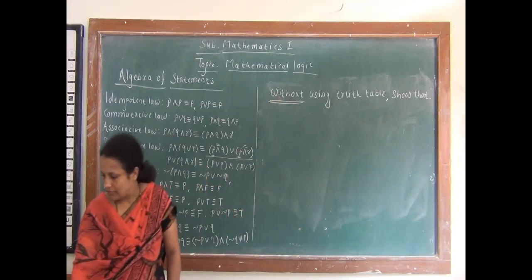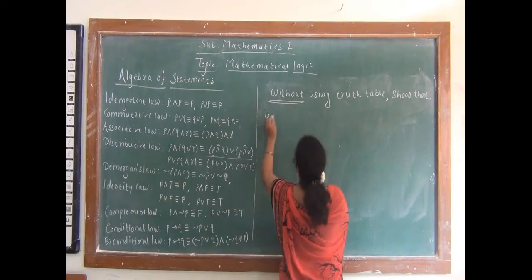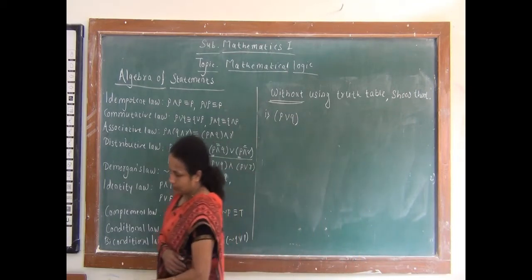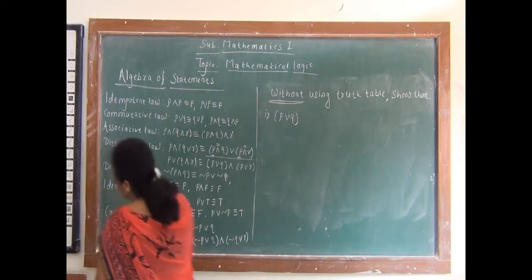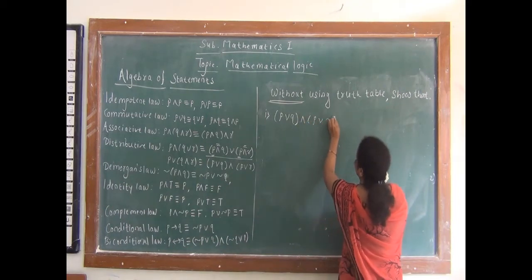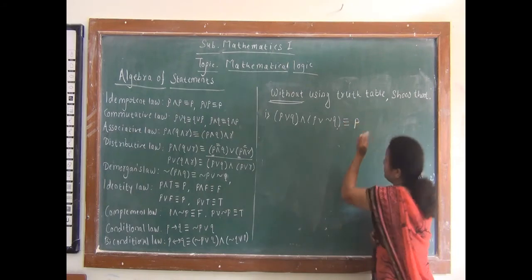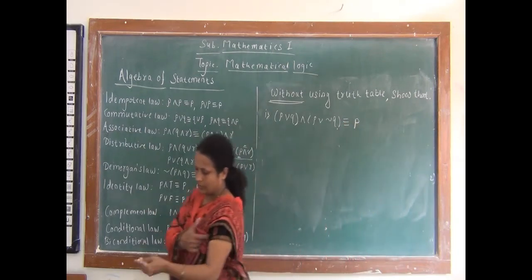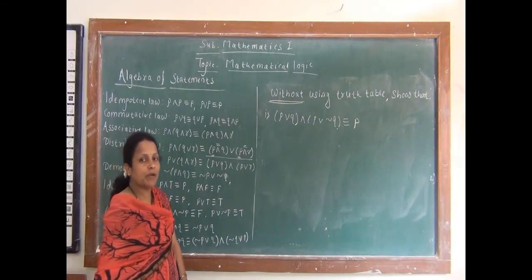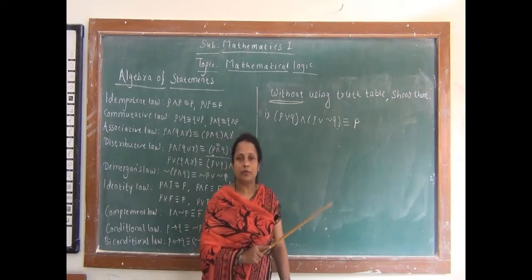So our first statement pattern is (P or Q) and (P or negation Q) is equivalent to P. We have to prove this logical equivalence by using laws of logic, not by using a truth table.